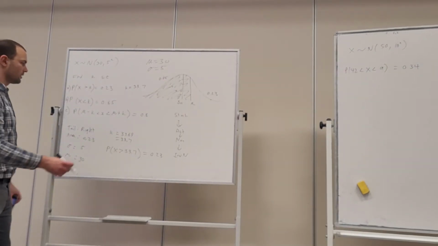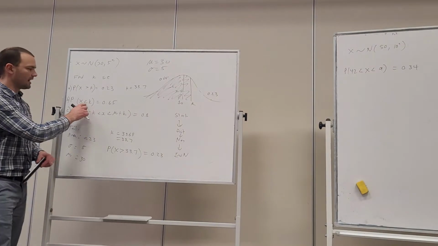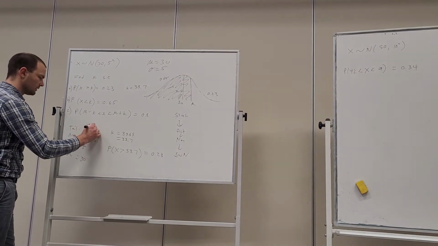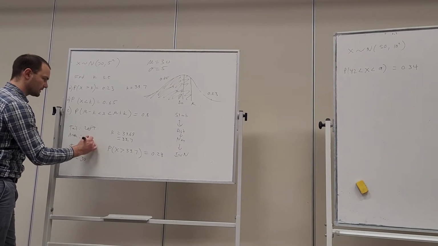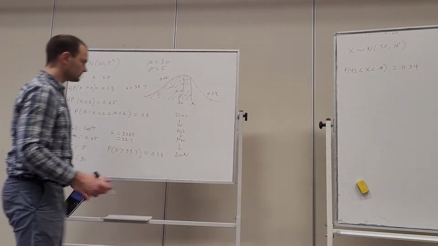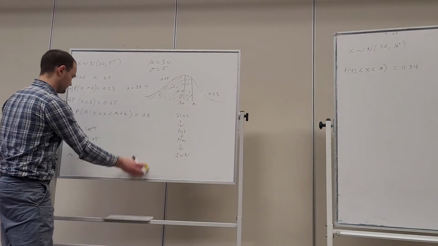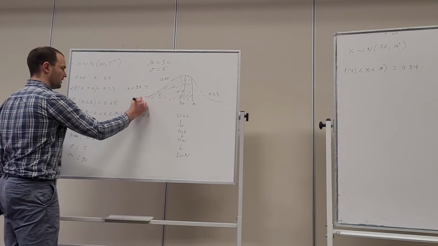Okay? So this time, our tail, if we look at our arrow, it's pointing to the left. Our area is 0.65. Standard deviation and mean remain the same. We follow the same calculator instructions.